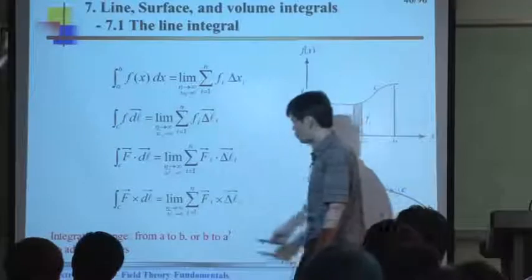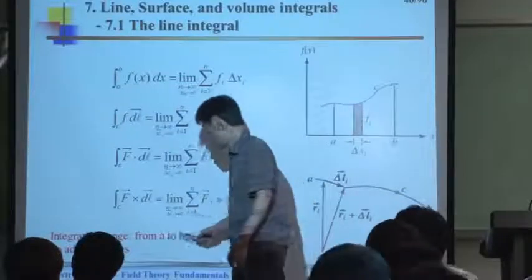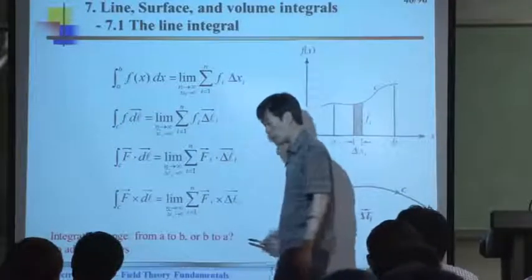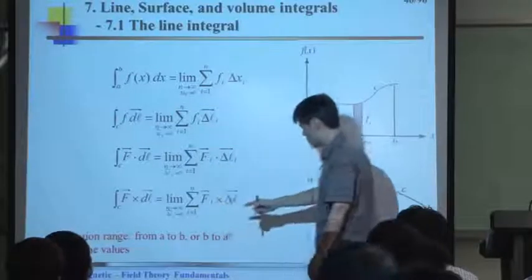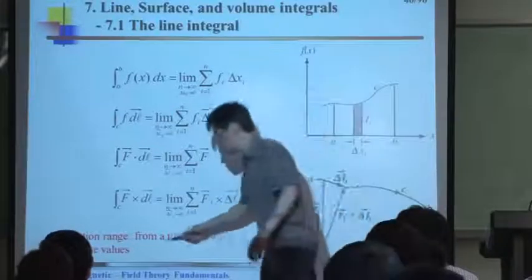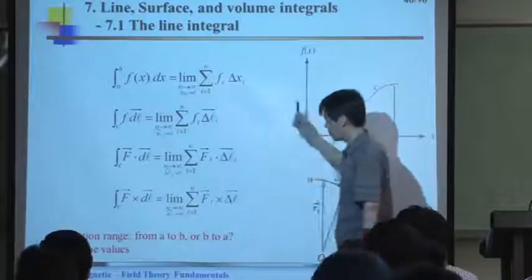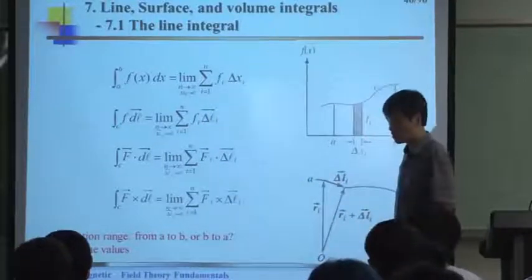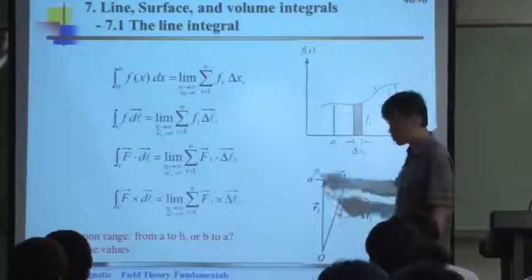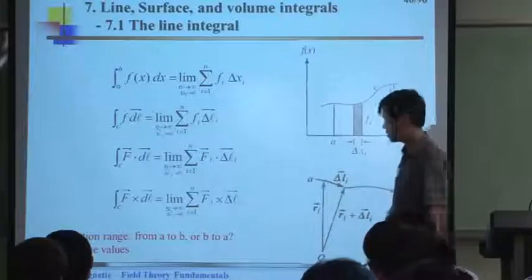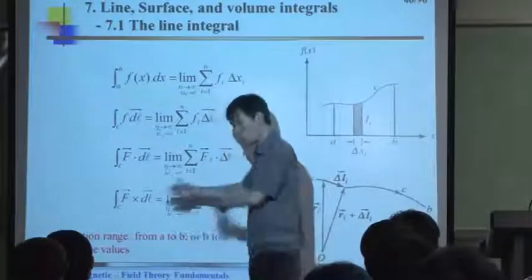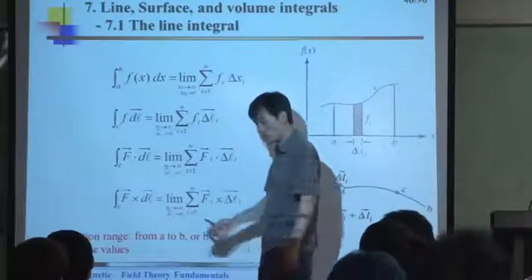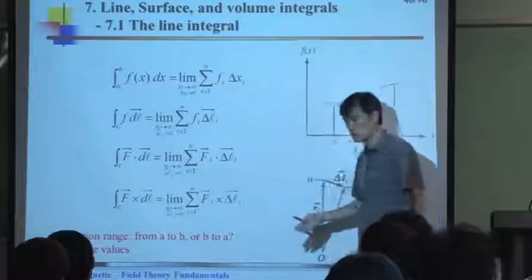So if you take from A to B instead of B to A, then this order is the same order of the direction vector. Then you will have the positive result. If you change the A and B order, so from B to A, then you may have the negative result.